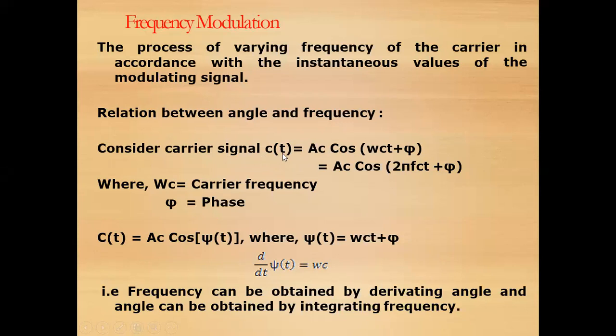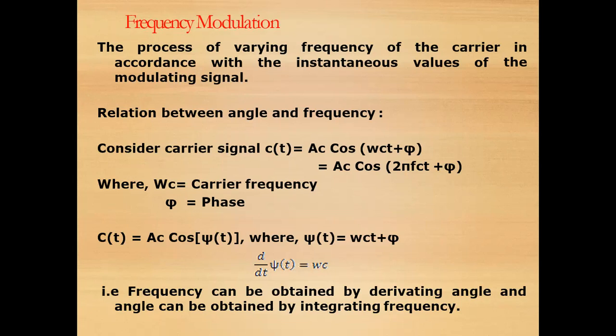So we can represent our carrier signal C of t equals AC cos(omega ct plus phi), where omega c is carrier frequency, phi is phase. Now phi of t we can write as omega ct plus phi. I'm taking another denotation like psi of t.